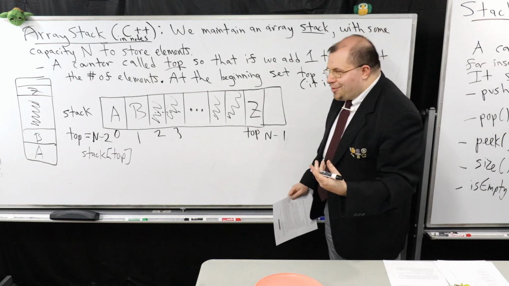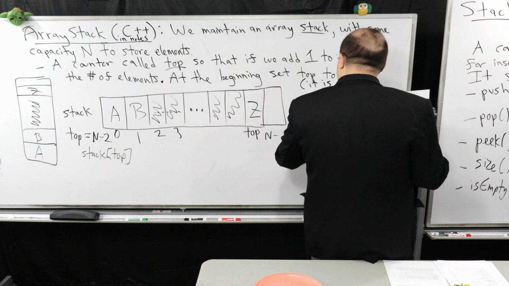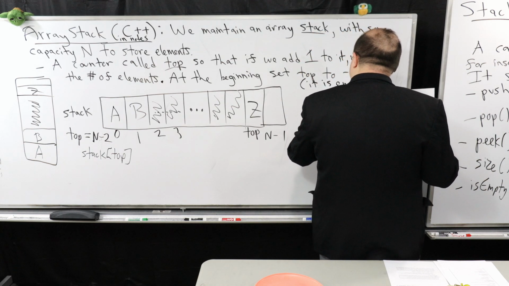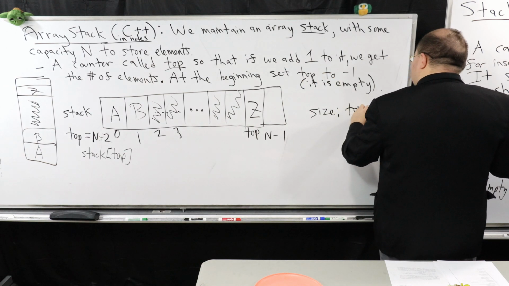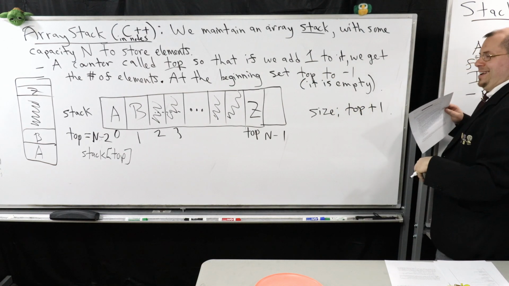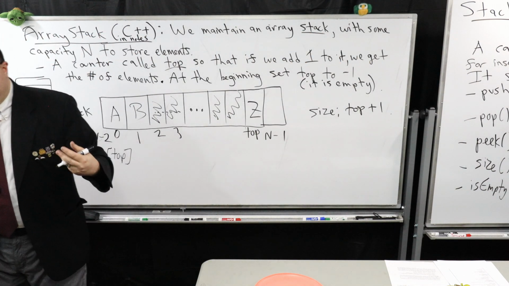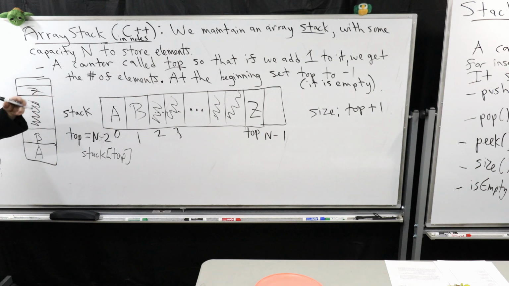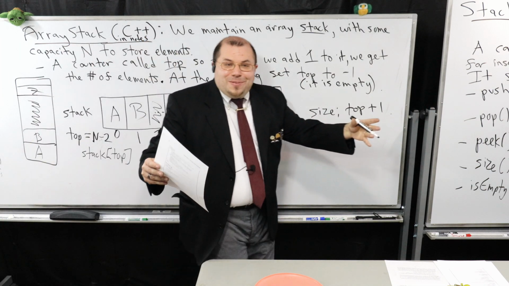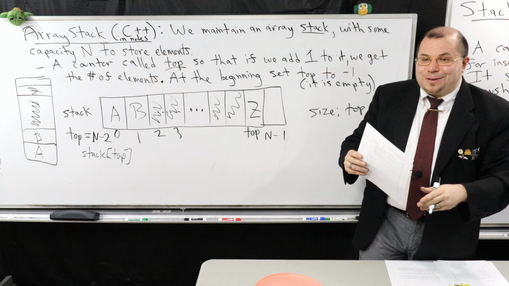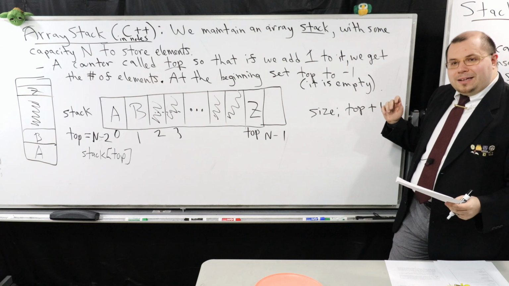Likewise, the nice thing about this is if ever I want to figure out the size, like I said up here, the size is always top plus 1. So you can easily implement the size method by simply adding 1 to top. Isn't that easy peasy? It's a really nice, simple, but effective way of implementing a stack.